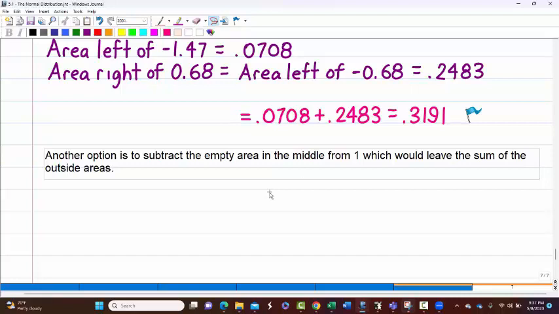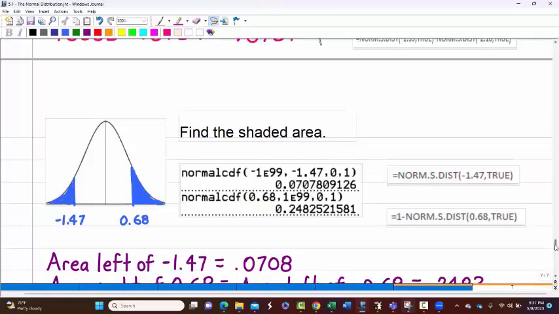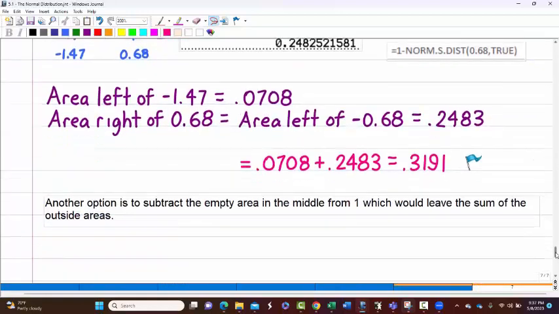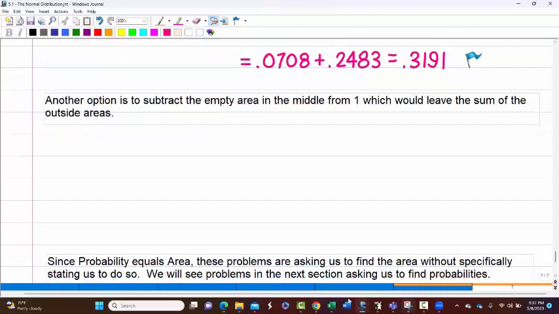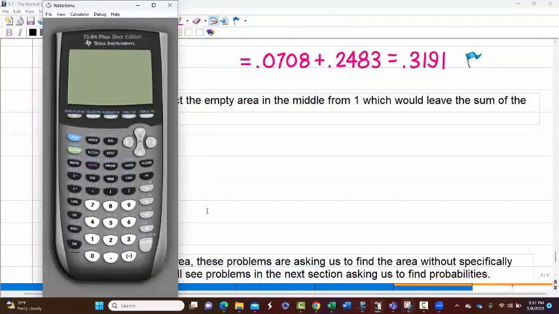Now let's look at this optional way to do this, as I was mentioning, by subtracting the middle area, the empty area, and that will leave the outside two pieces. So it gives you a couple of options on how to do this. I'll go ahead and put the 1 minus here, 1 minus normal CDF.